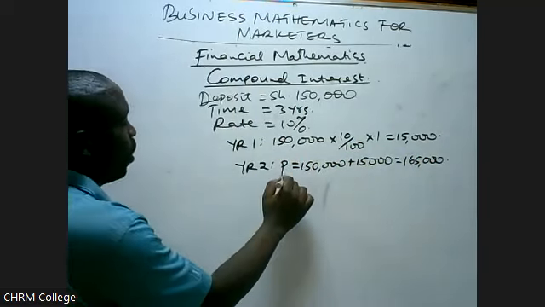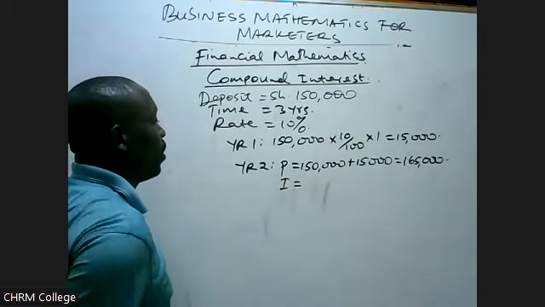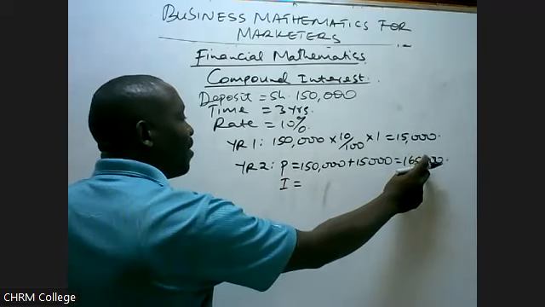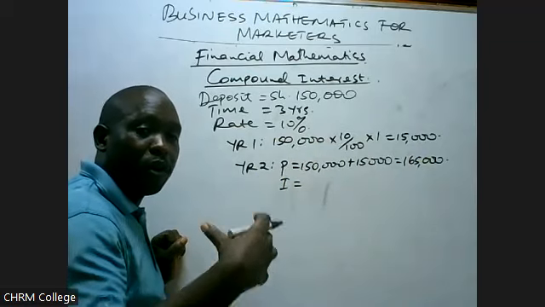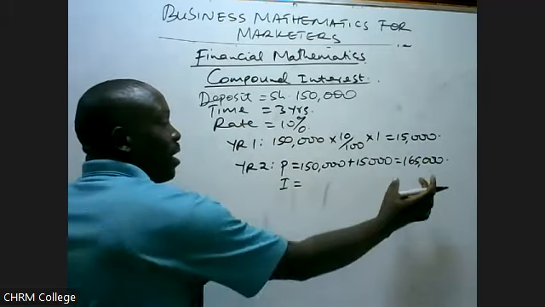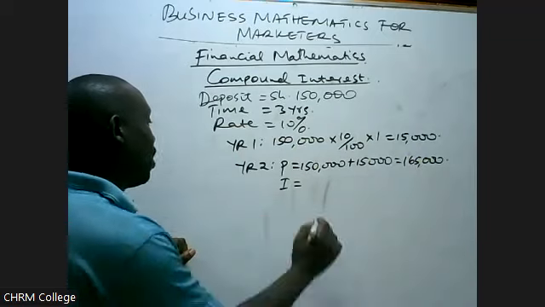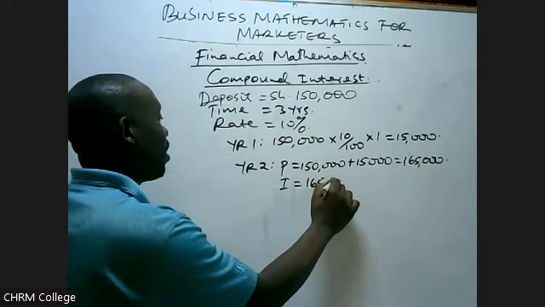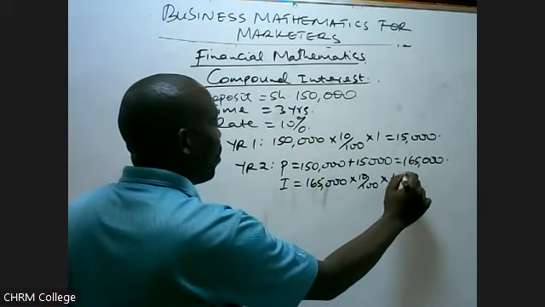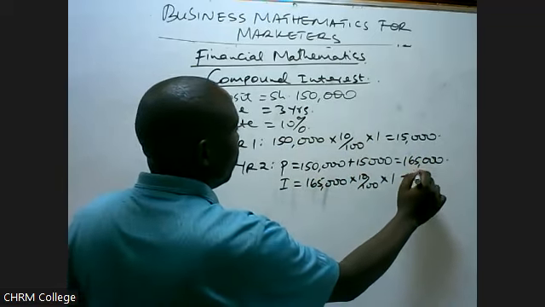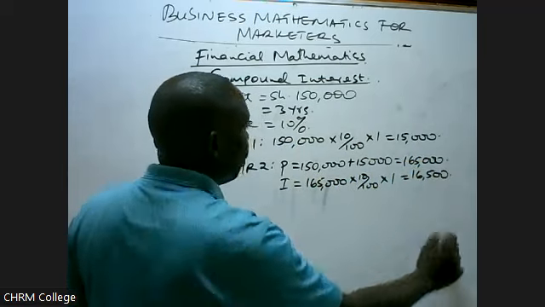So for year 2, the interest will be equal to what? The principal now is 165,000. Even the interest in year 1 is now going to earn interest. That's why it has increased to 165,000. So you take 165,000, you multiply by 10%, and another 1 year, and this one is going to be 16,500.